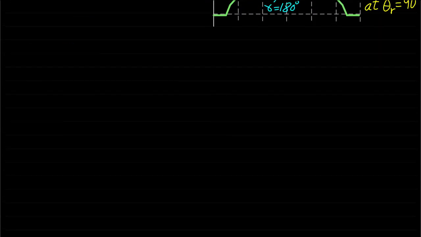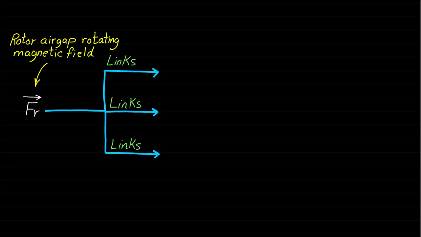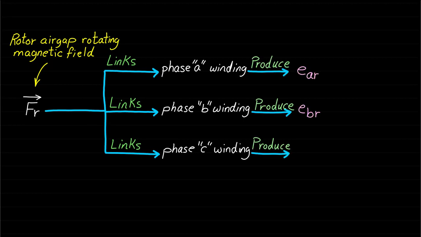Now let's pay attention to this point. The rotor air gap rotating magnetic field Fr will link with the three-phase stator winding, or armature windings, and produce an EMF voltage in each phase: EAR, EBR, ECR.